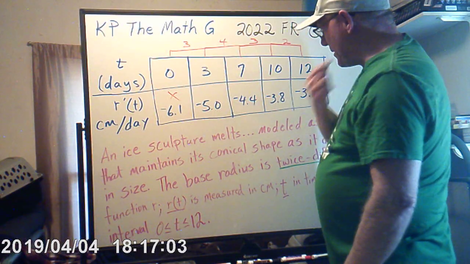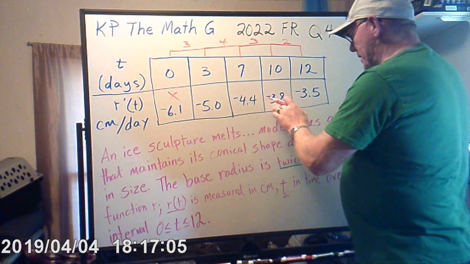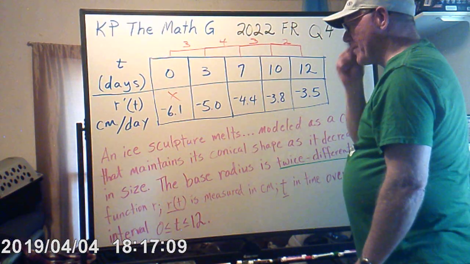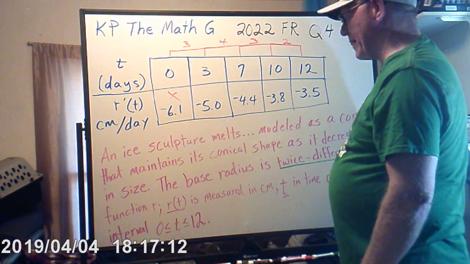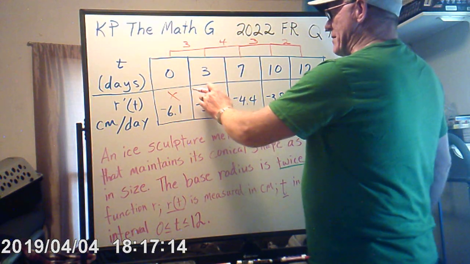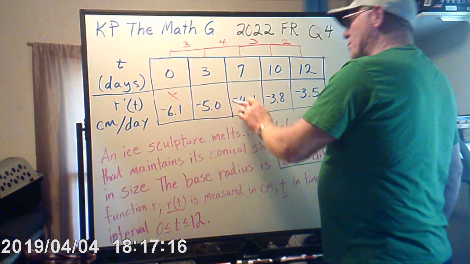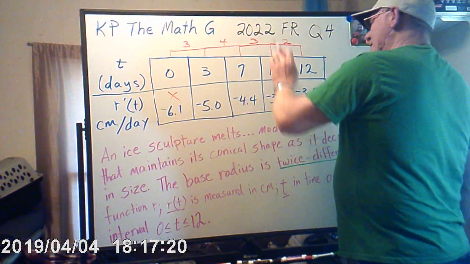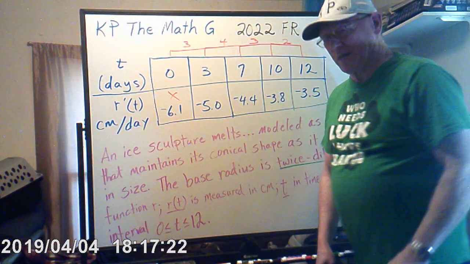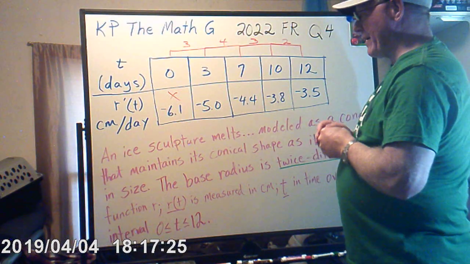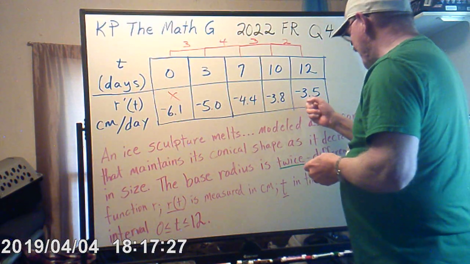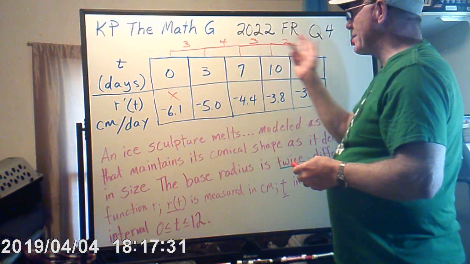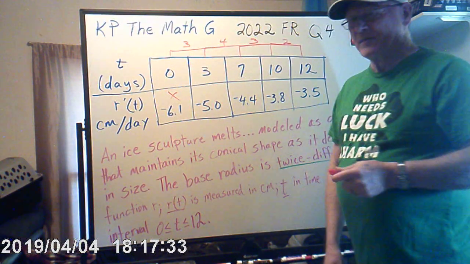So what we're going to do is multiply these 4 numbers by these 4 numbers in that particular order. Okay, the negative 5.0 goes with the 3, the negative 4.4 with 4, negative 3.8 with 3, negative 3.5 with 2. Okay, and if it had been a left, we would have ignored this one and taken these 4 numbers using these same 4 numbers as well.